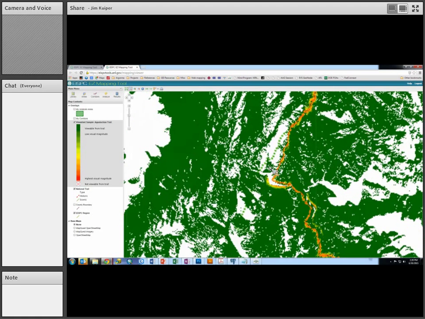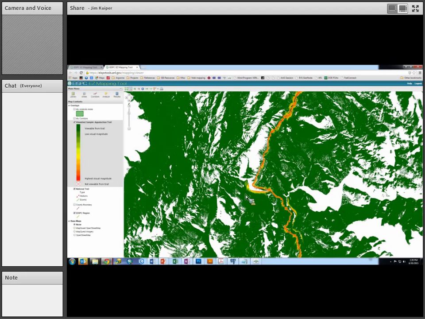What his algorithm does is not only compute a viewshed for each of these points along the trail and then combine them, but it takes into account distance and also whether the landscape is facing you or at an oblique angle, and it gives you a higher visual magnitude.